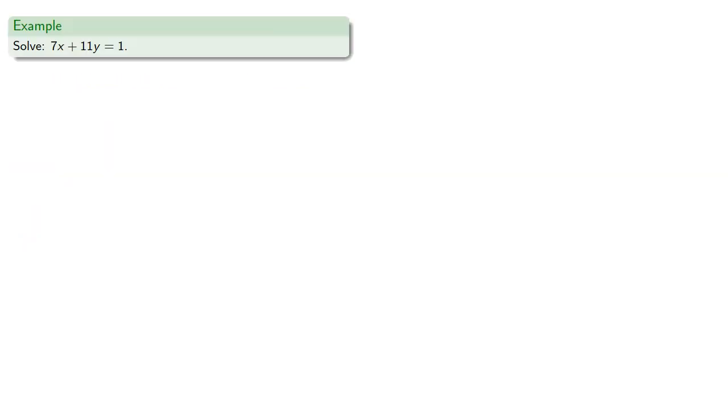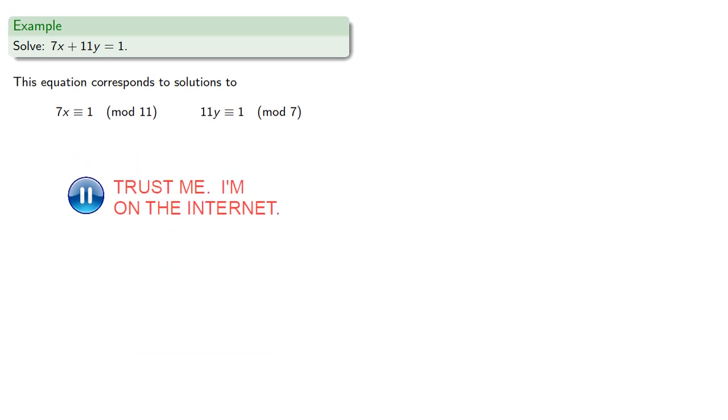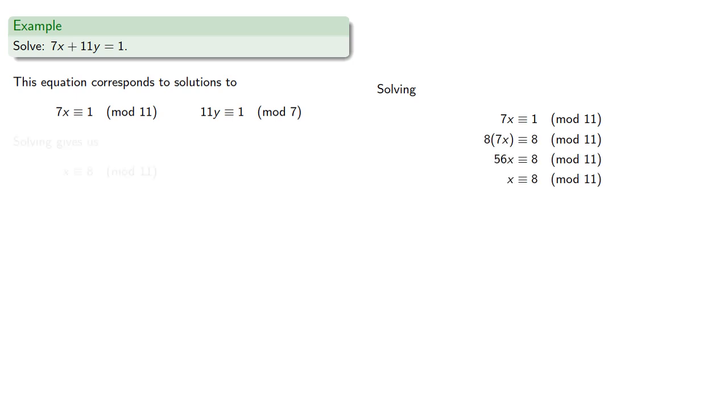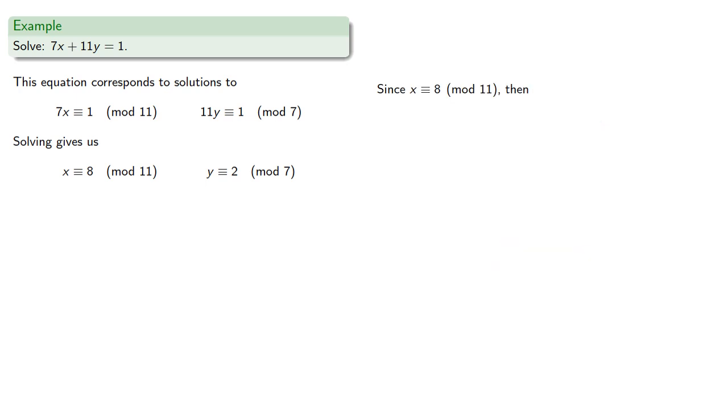So, for example, let's try to solve 7x plus 11y equals 1. This equation corresponds to the congruences. Solving them gives us: since x is congruent to 8 mod 11, then x is 8 plus any multiple of 11.